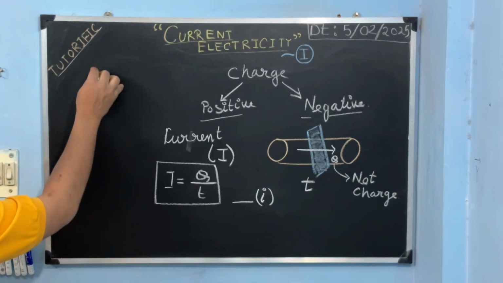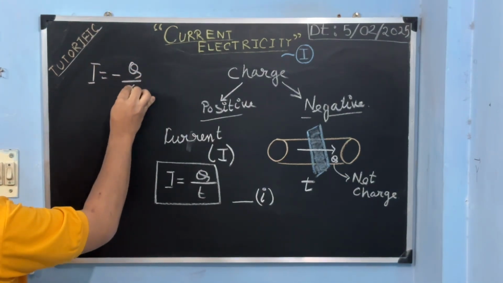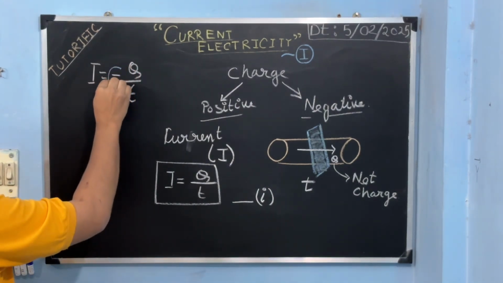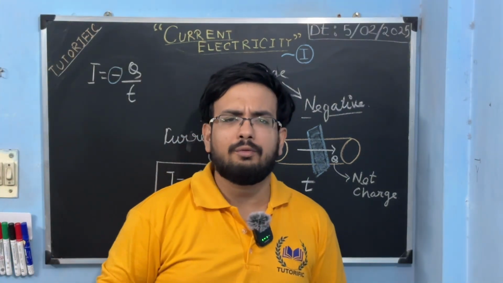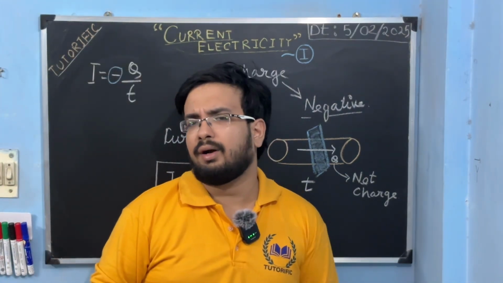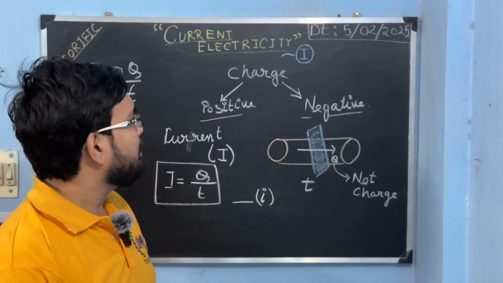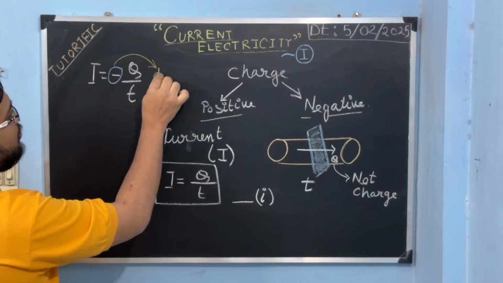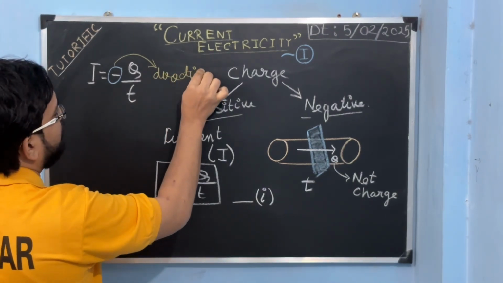Now, sometimes you might get I equals minus q by t, and this minus sign becomes a cause of pain, or it becomes incomprehensible. Why does that minus come in? This minus here indicates direction. It's pretty easy.